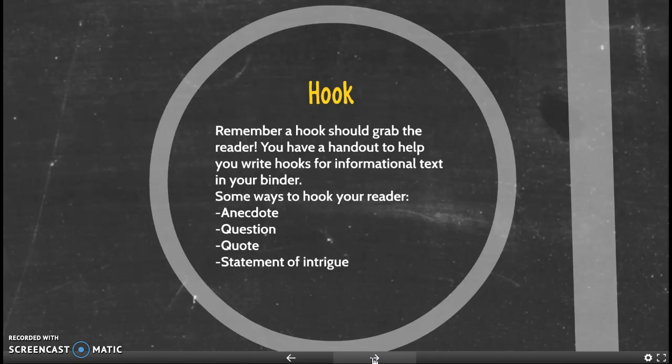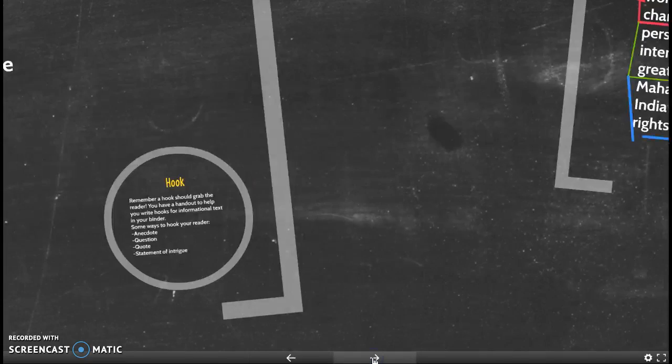Some ways that you can hook your reader are with an anecdote, which is like a small little story, a question, a quote, or a statement of intrigue, something interesting or surprising related to your topic.